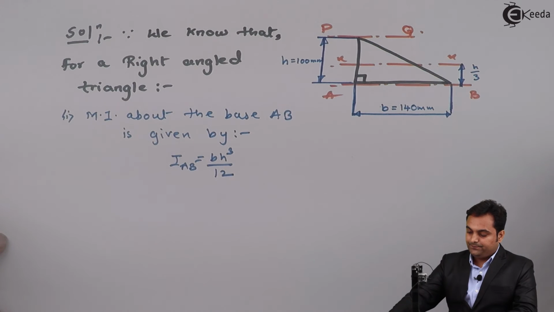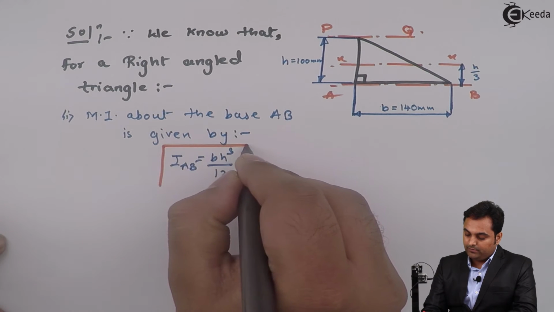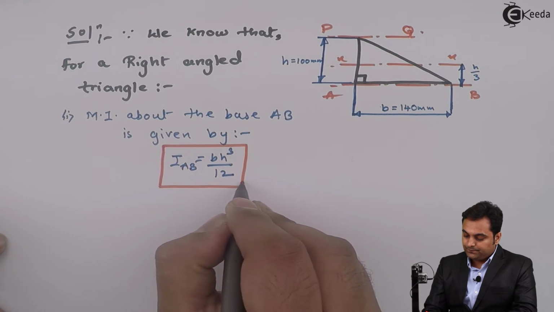This is the formula of MI for a right angle triangle about its base.